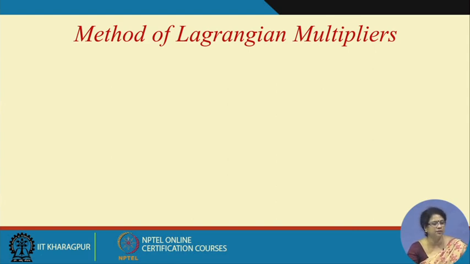The name has come from the mathematician Professor Lagrange. We are formulating one Lagrangian function for the given optimization problem by using the Lagrange multiplier, and after that let us see what is happening.